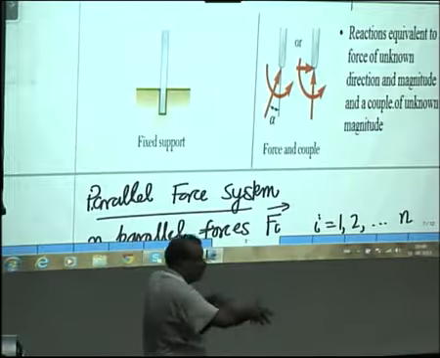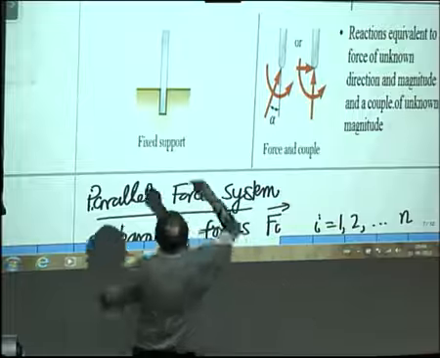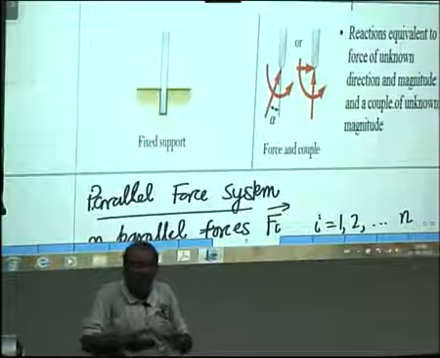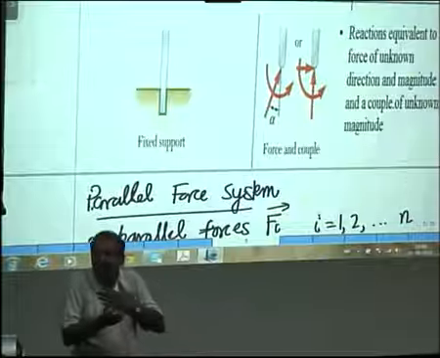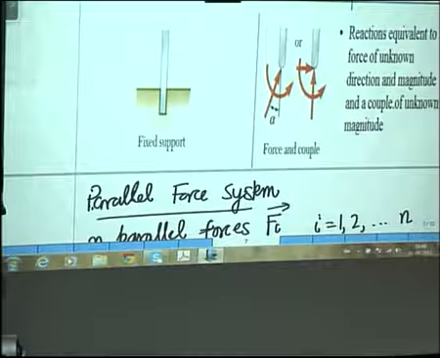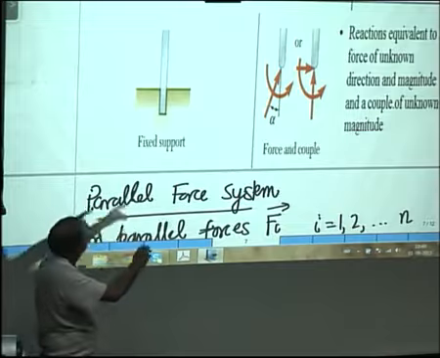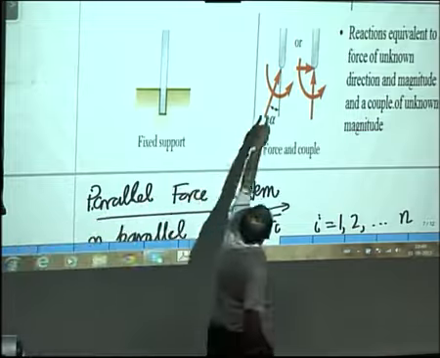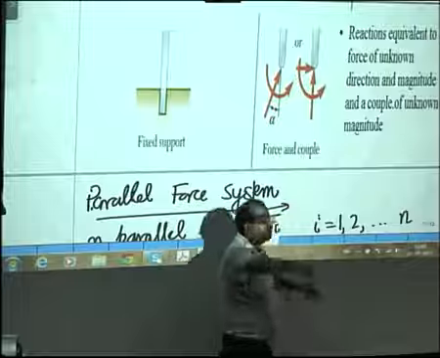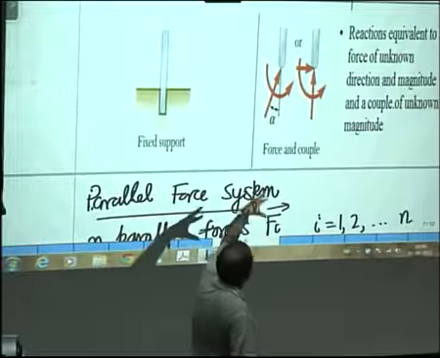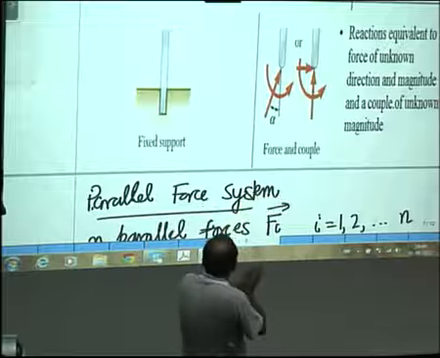But also, if I try to rotate this bar about the z-axis, the fixed support will not allow a free rotation. Compare this with a pin. If this was a pin, it could have rotated freely about the z-axis. But with a fixed support, it cannot rotate freely. So therefore, in addition to the force, I will also have a couple which will come in as an unknown reaction.